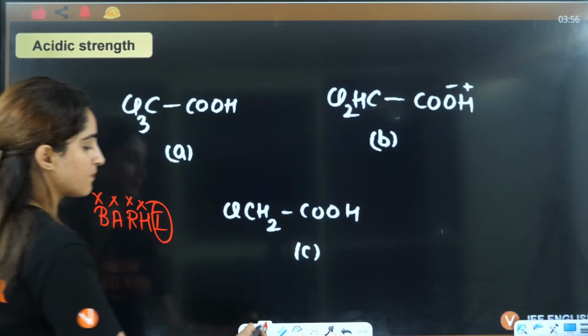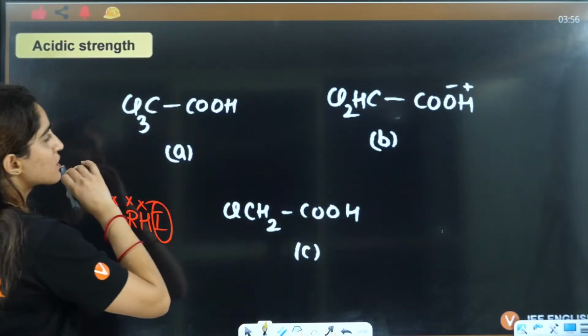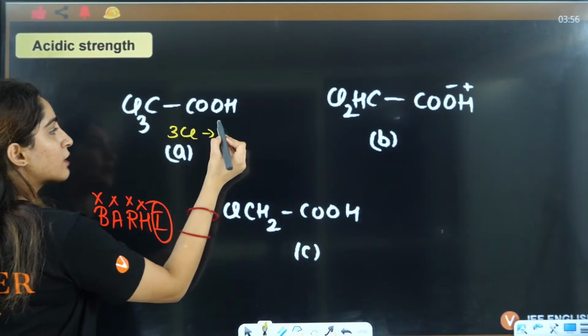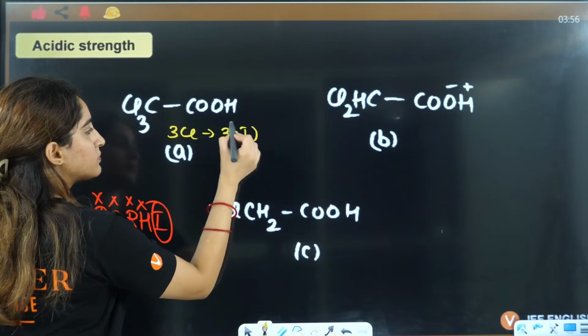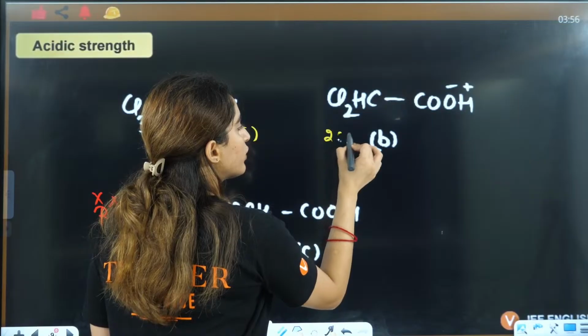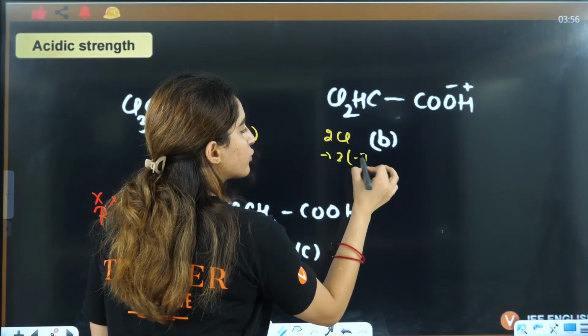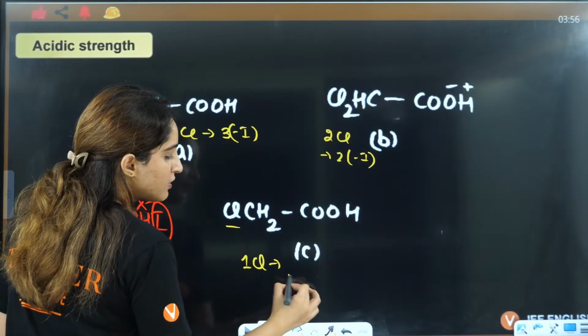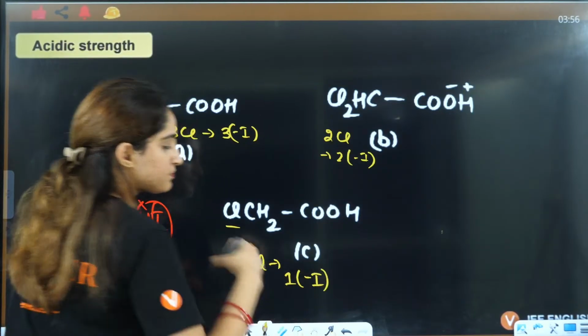So how do you answer this based on inductive effect? Here you have 3 chlorine, that means 3 minus I groups. Here you have 2 chlorine, that means 2 minus I groups. Here you have 1 chlorine, that means you have 1 minus I group.